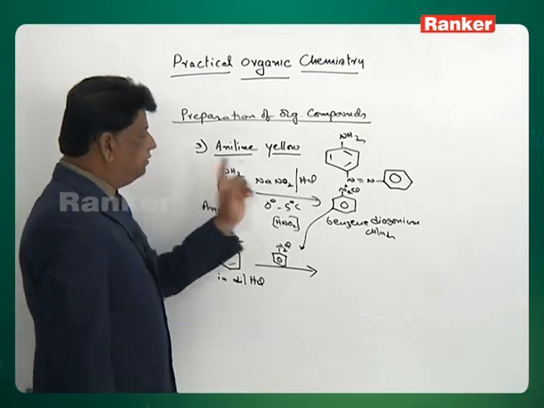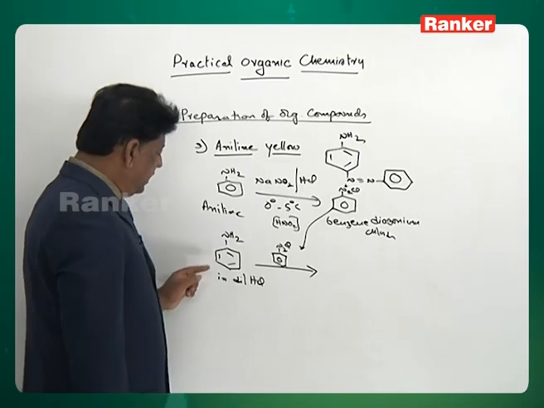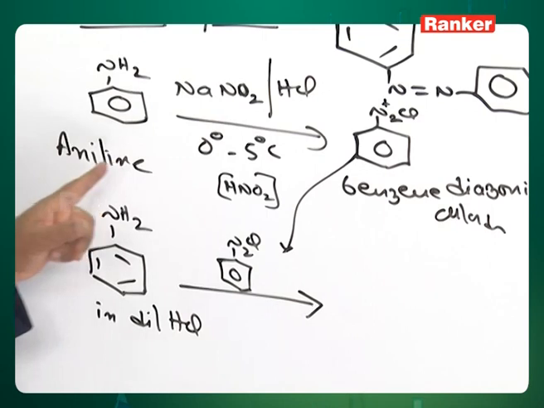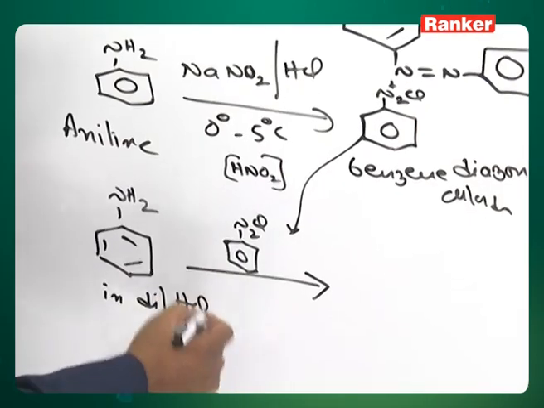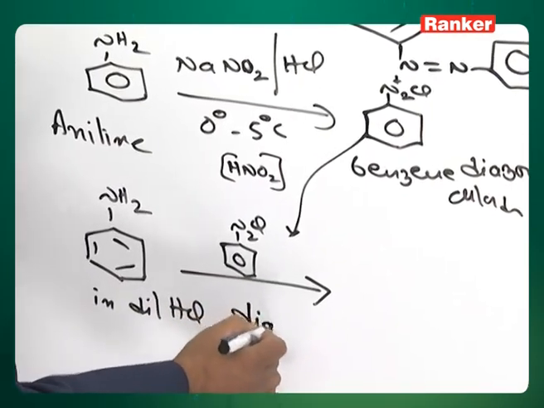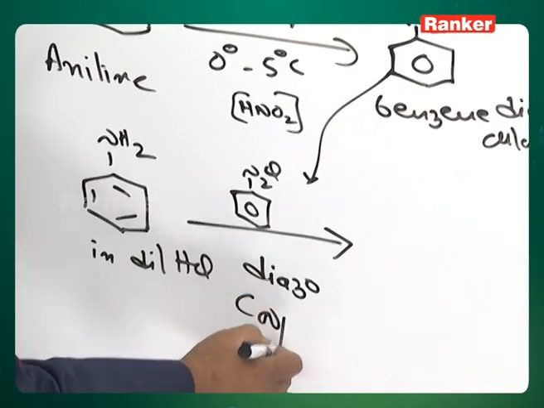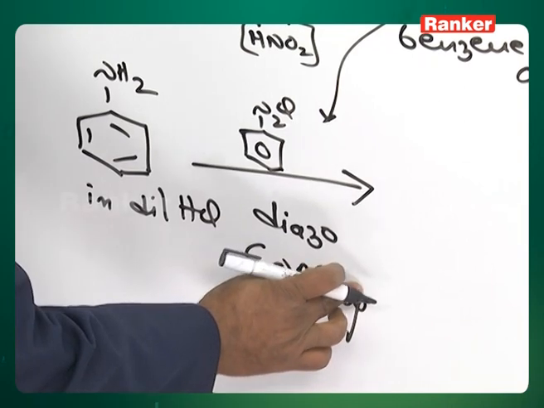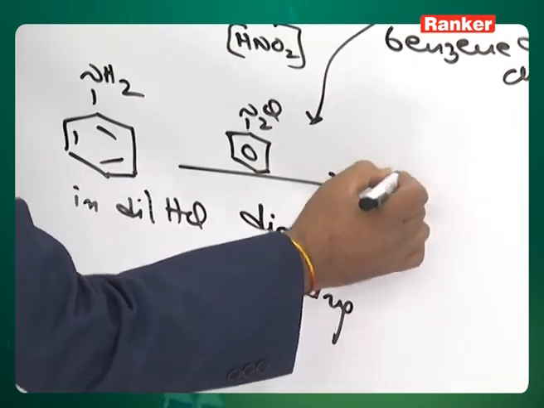So, aniline is converted to diazonium chloride; again another aniline is taken, dissolved in HCl, then this diazonium chloride is added. The reaction is called diazo coupling. A coupling reaction takes place and then you get aniline yellow.